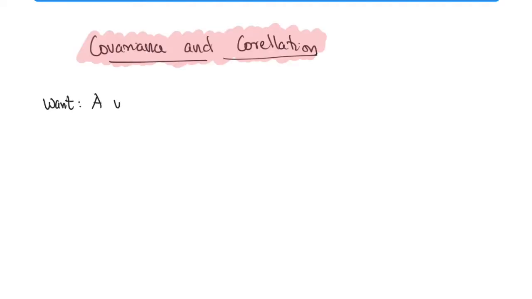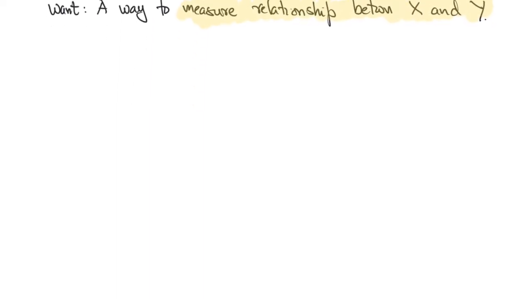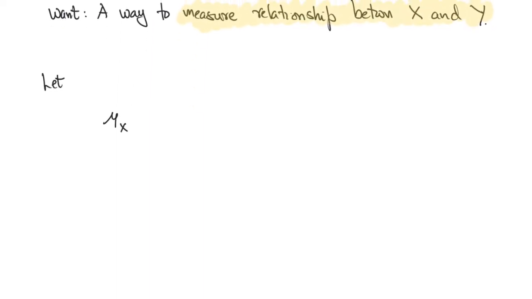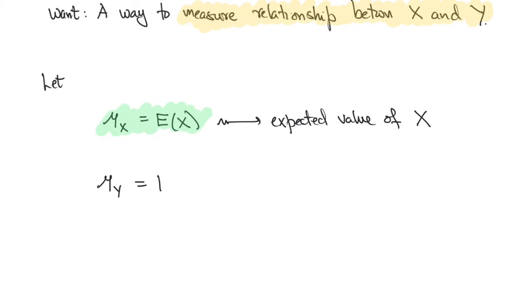We will use the expected value definition to talk about covariance and correlation of two random variables. We want a way to measure relationships between x and y, and towards this goal, let the mean mu x be the expected value of the random variable x, and mu y be the expected value of the random variable y.